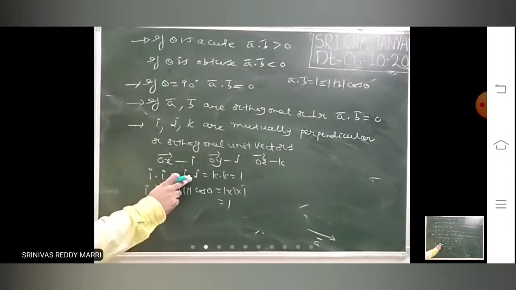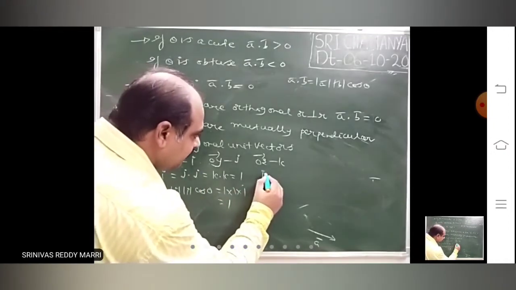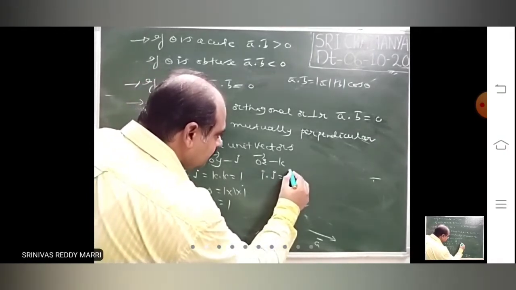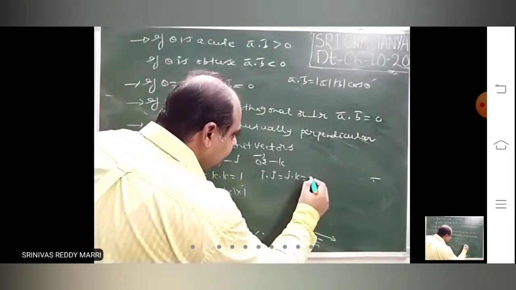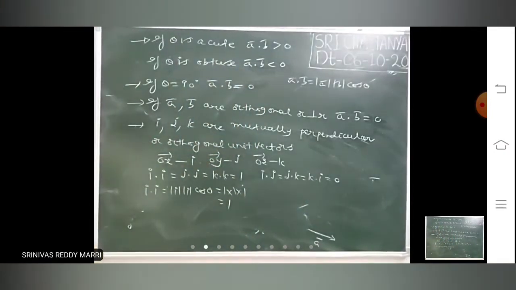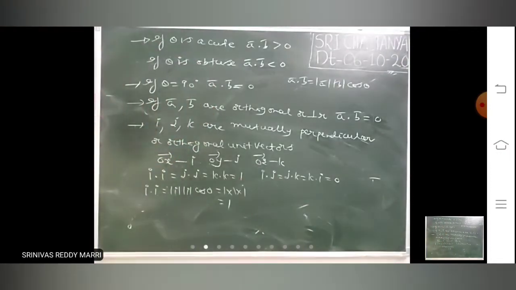I dot I, J dot J, K dot K are all 1. Whereas I dot J equals J dot K equals K dot I, this value will be 0, because they are perpendicular vectors and the angle is 90 degrees.